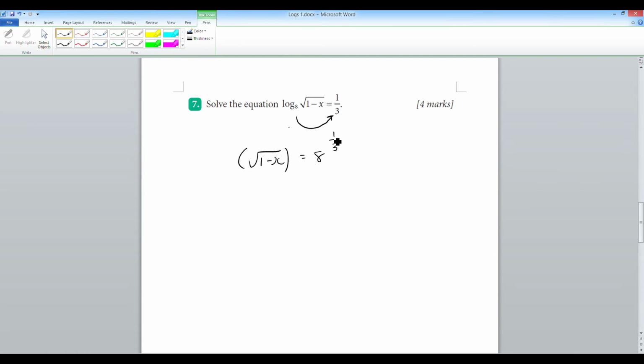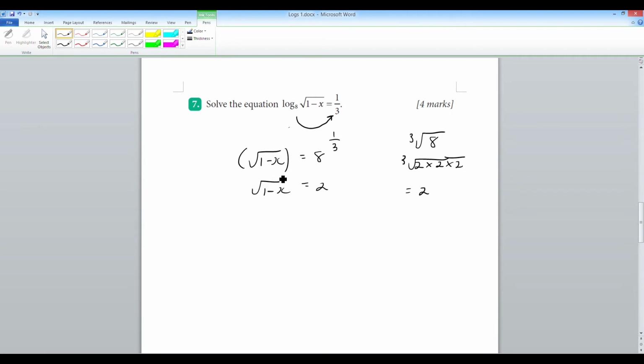We also know that the power of 1 over 3 is the same as the cubic root of this something, in this case 8. The cubic root of 8 is the same as 2 times 2 times 2, therefore the cubic root of 8 is equal to 2. So root 1 minus x is equal to 2.